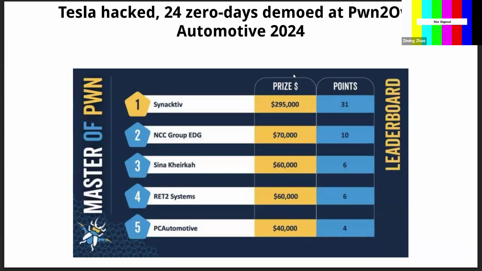So this is a screenshot I took from an automobile hack competition, and the leading team took almost 300K home for that competition. And this is 2024. Things are changing rapidly, evolving rapidly recently because of large language models, AI, agents.